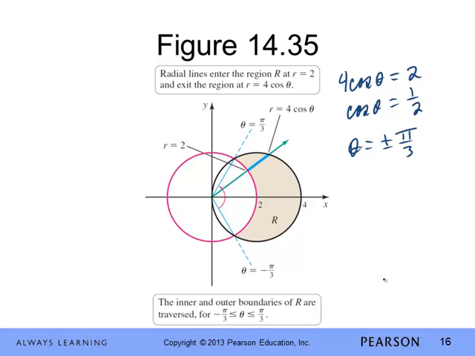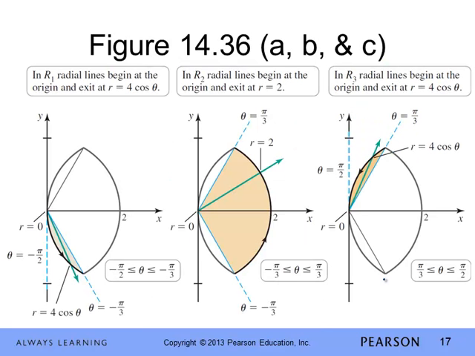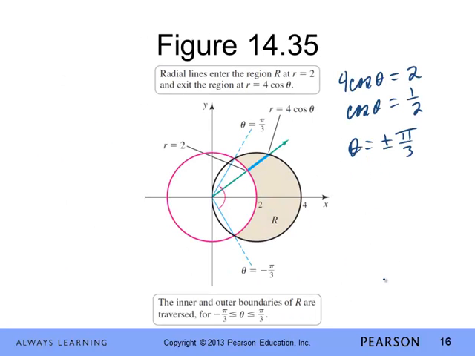And then for part B, they want us to find the region inside both circles of part A. So let me just show it this way. It's this white area right here, which would be kind of like the complement of the yellow piece.